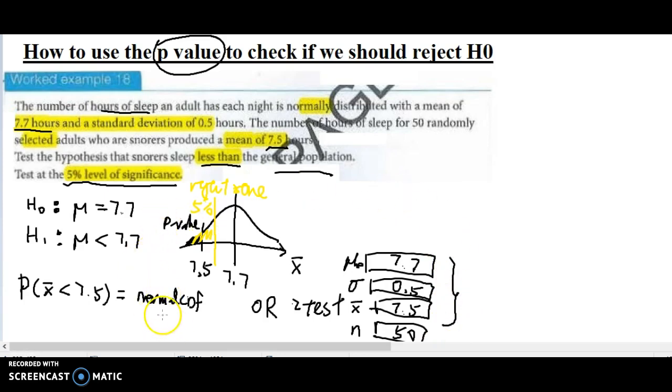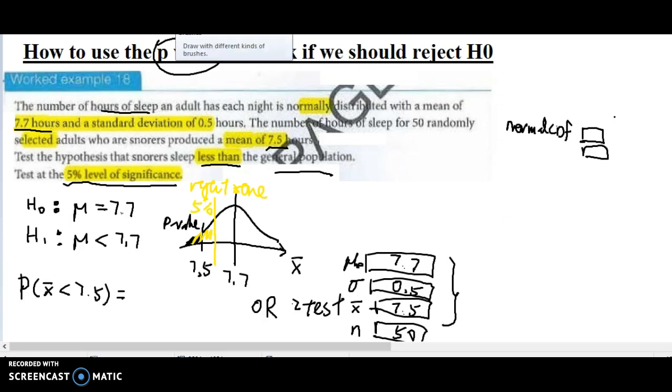If we use normal CDF, we have to use 4 boxes again. First is lower, upper, mean, and standard deviation. The mean and standard deviation are from the graph.